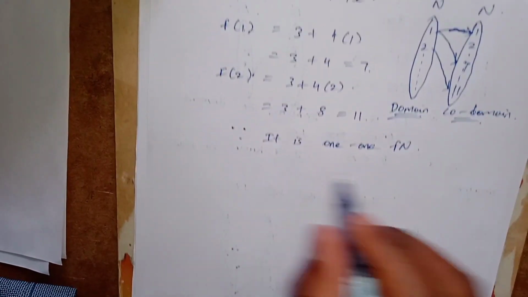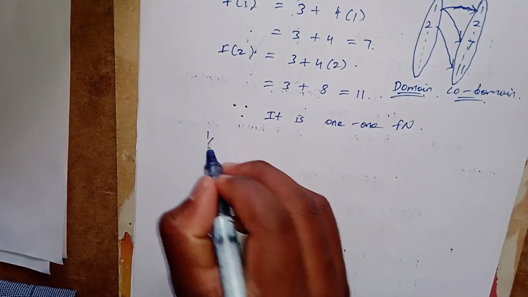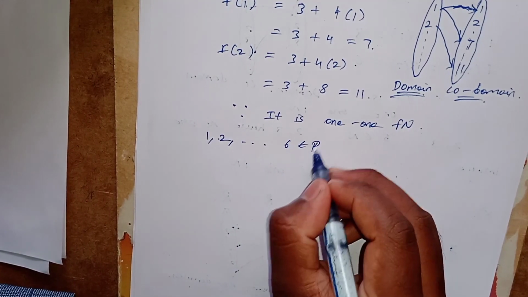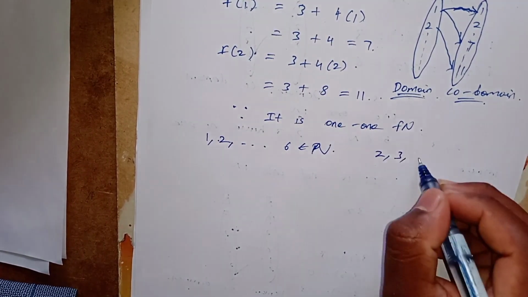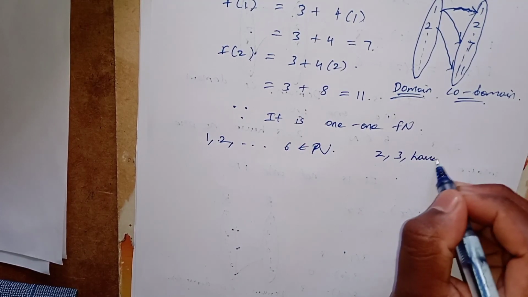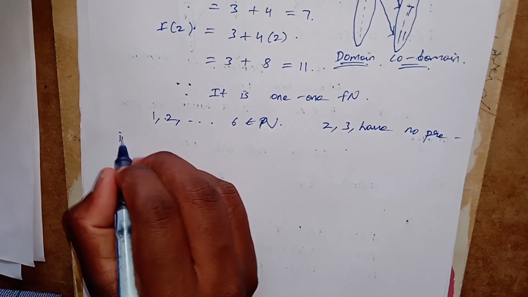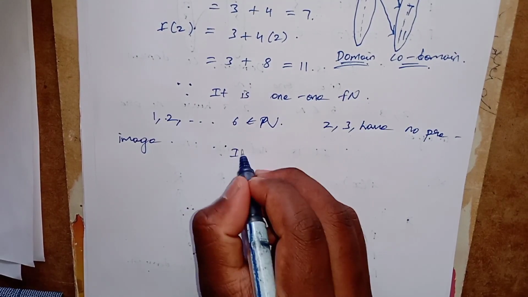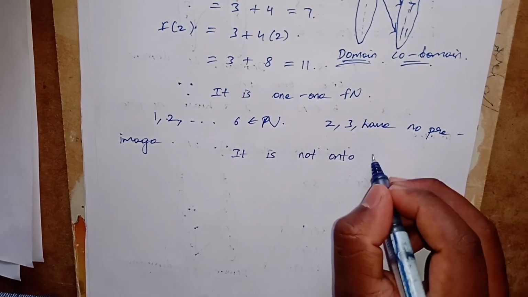In the codomain 1, 2, 3, 4 up to 6, they belong to natural numbers, but 2, 3 have no pre-image. No pre-image, therefore here it is not an onto function.